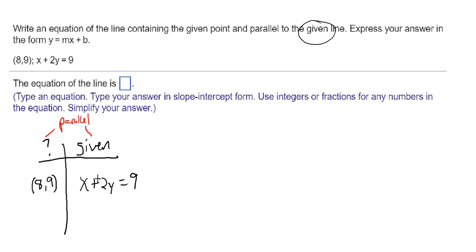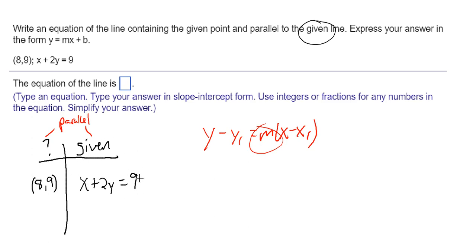Right? And we know these 2 lines are going to be parallel, which we learned about in the previous section, 2.5. So to find this line over here, I want to use the formula y minus y1 equals m times x minus x1. But in order to get started with that formula, I need to know the slope. To find the slope, like in the last problem, we used 2 points, but they didn't give me 2 points here. So I don't have enough information about this line on its own to find the slope that I need in order to find the equation.